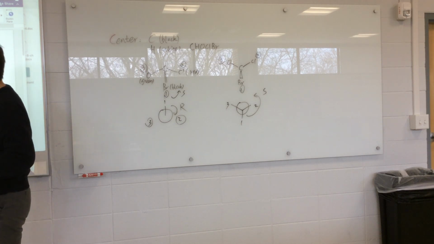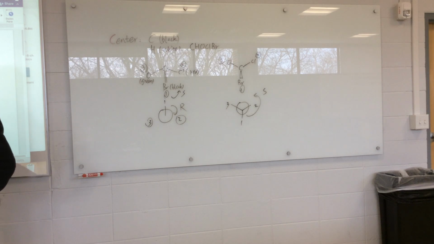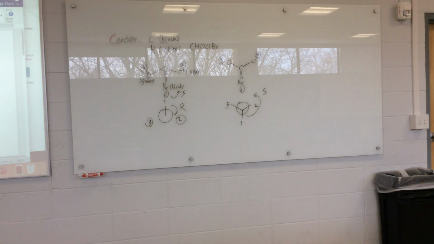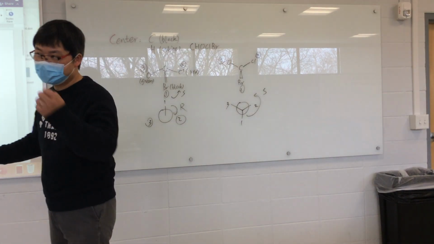Okay. And then here you can see that at this stage, sometimes we don't have to find out the chirality one by one. Here you can just assume if this is R, then this must be S. And if this is R, this is R, right? They have the same. Therefore, they cannot be enantiomers.